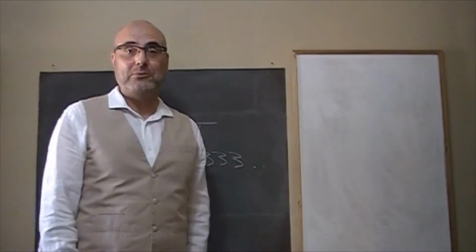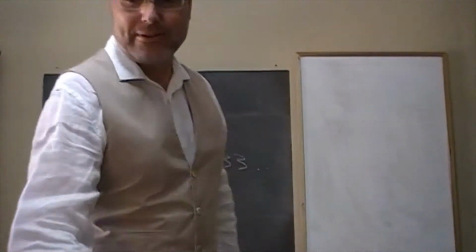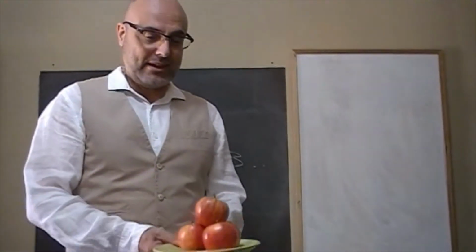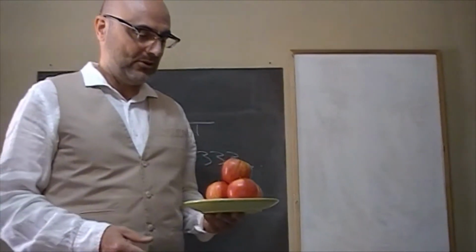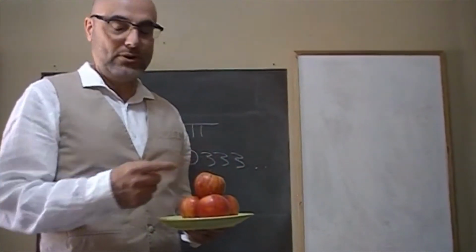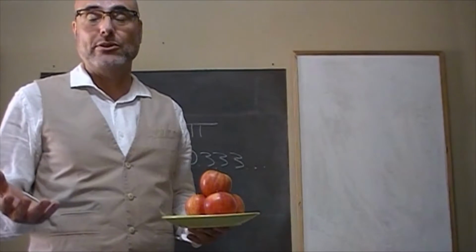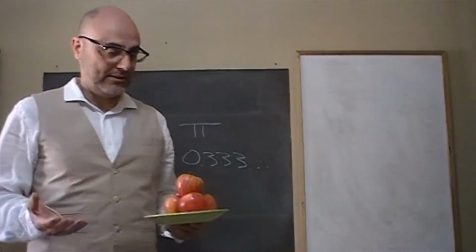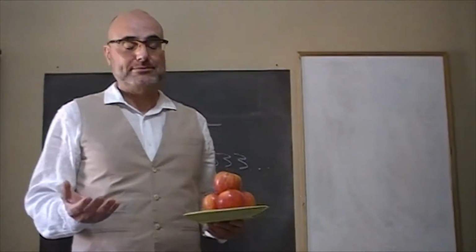This is what we do when we count objects. When I counted the apples earlier, I assigned a number to each of the apples, 1, 2, 3, 4, establishing a one-to-one correspondence between the apples and the natural numbers.